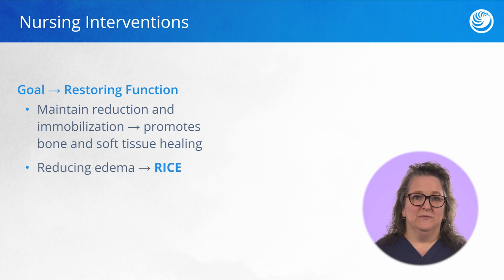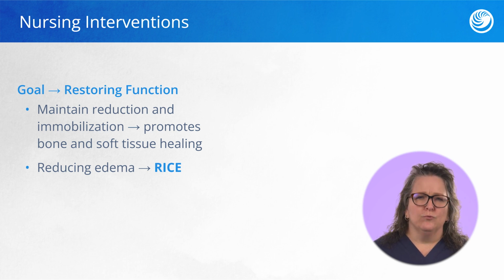We know edema can cause damage to the surrounding structures, as seen with compartment syndrome. We can remember RICE, R for rest, I for ice, with that initial trauma to promote vasoconstriction and help decrease swelling. C for compression. Compression bandages offer support and can help with decreasing the edema. And E, elevation, elevating that extremity above the level of the heart.